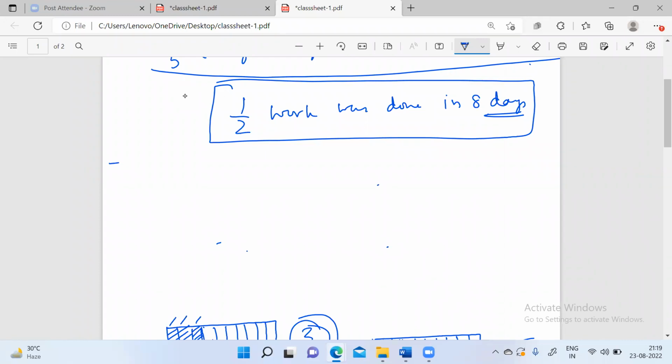8 into 2। क्यों 8 into 2 क्यों होगा? ठीक है, बिल्कुल सही है, मैं जानबूझ के ऐसा कर रहा हूँ, I am not bullying you actually, बट थोड़ा बहुत तंग तो करते ही हम लोग। तो इसको हम ऐसे विजुलाइज करेंगे कि half work का मतलब क्या है?